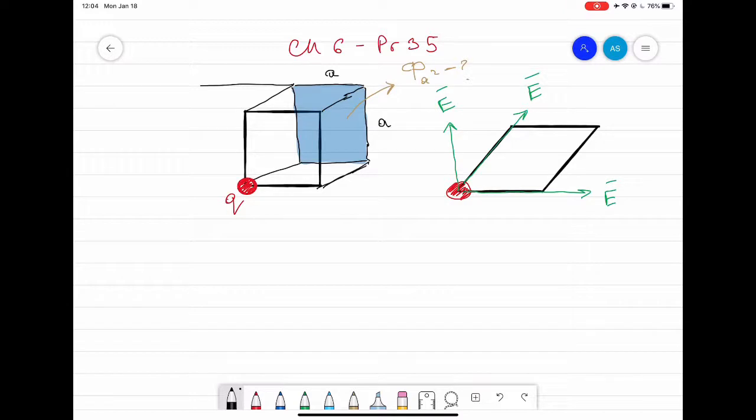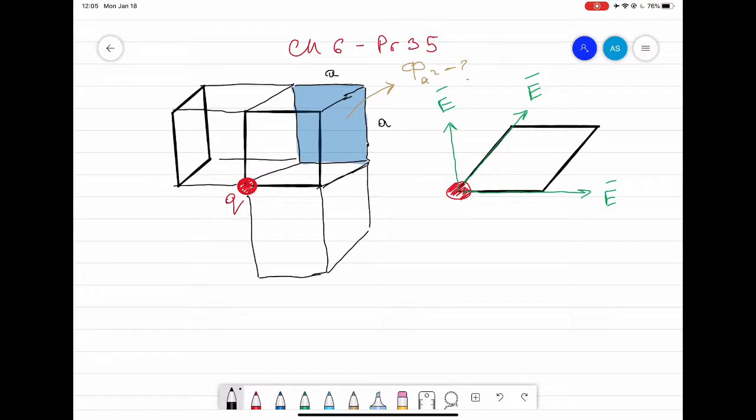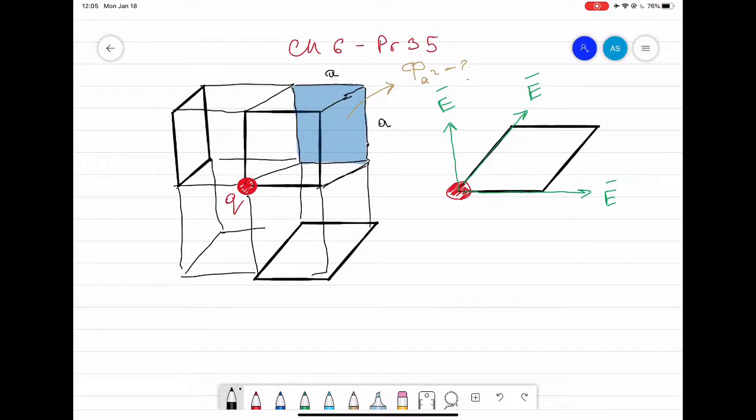Right now I just drew only 4 cubes actually.